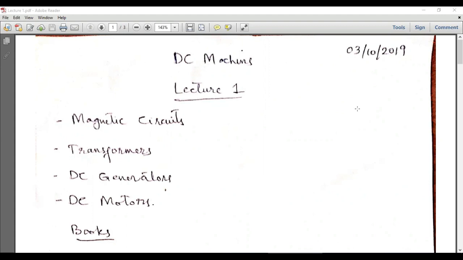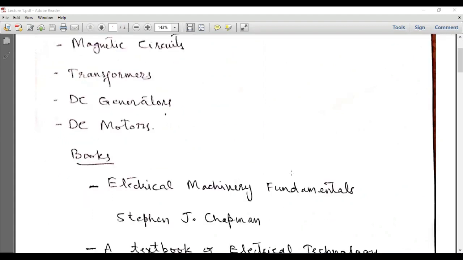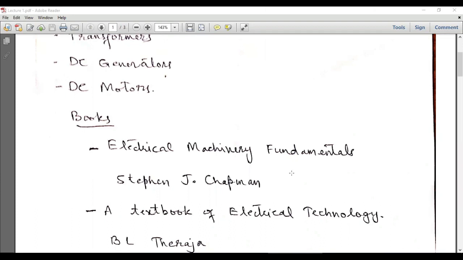In today's lecture, I am going to start a lecture series on DC machines. In DC machines, the main contents of the course are magnetic circuits, transformers, DC generators, and DC motors. The recommended books for this course are Electrical Machinery Fundamentals, written by Stephen J. Chapman.